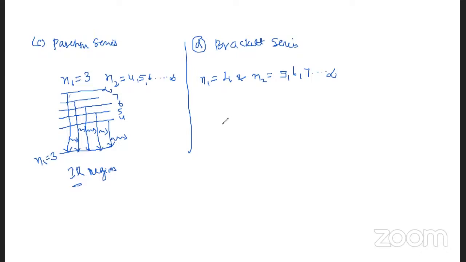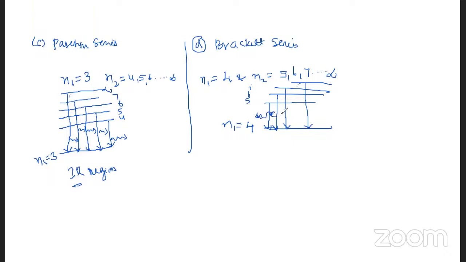So the lowest level in the case of the Brackett series, n1 is equal to 4, and higher levels may be 5, 6, 7, and so on up to infinity. Whether it is jumping from 5 to 4, or 6 to 4, or 7 to 4, and so on, it radiates energy.